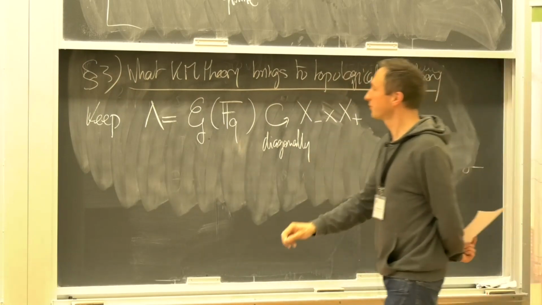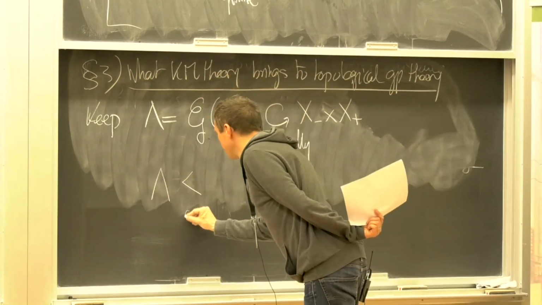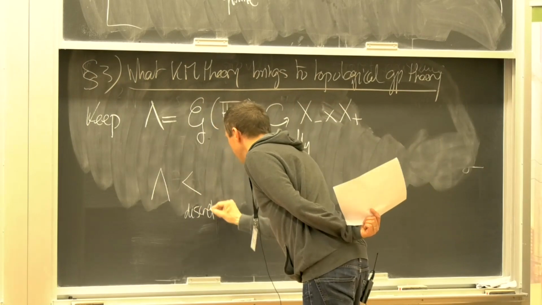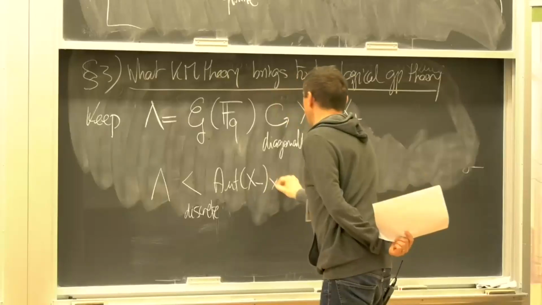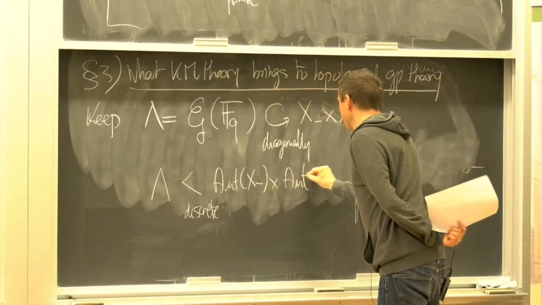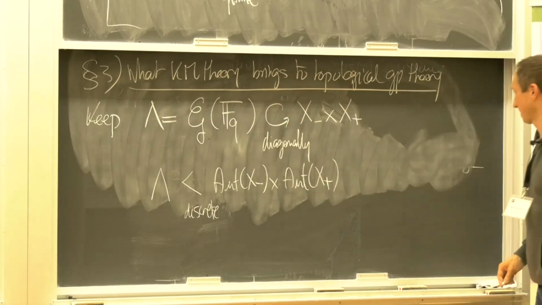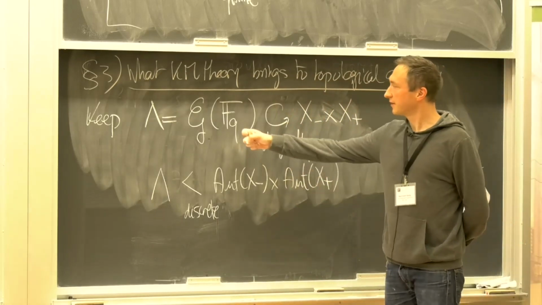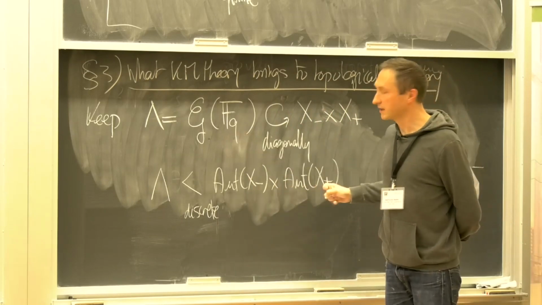This means that from the group theoretic viewpoint, I can see lambda as a discrete subgroup of the full automorphism group of the first building cross the full isometry group of the second building. But I said that if I choose a finite field, then this building is locally finite.